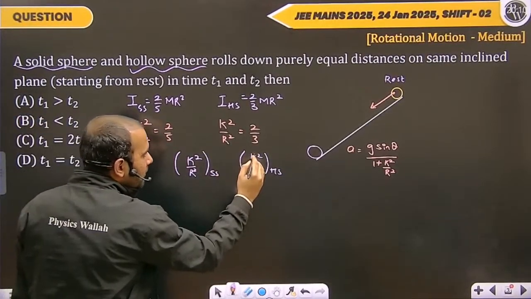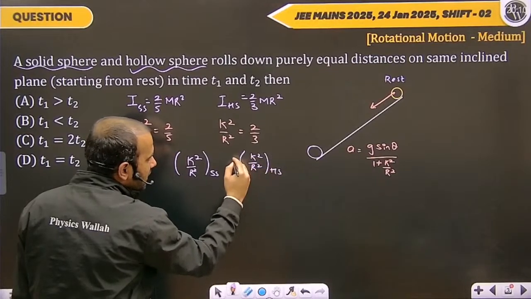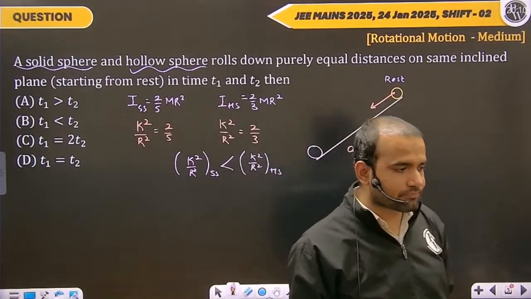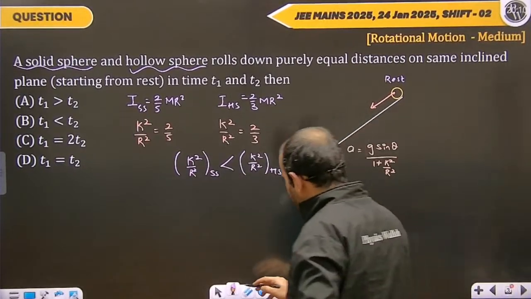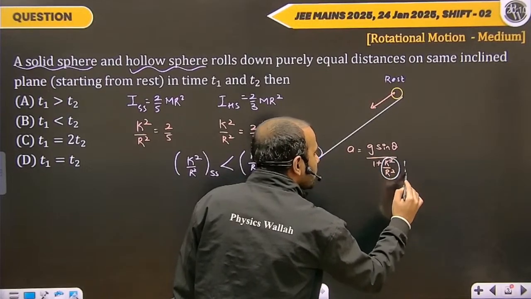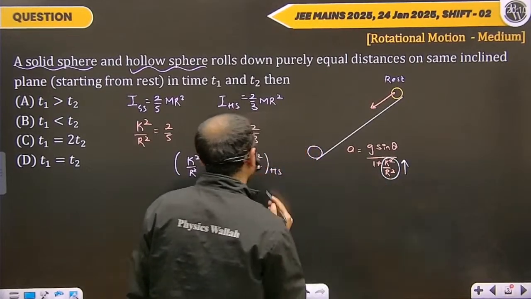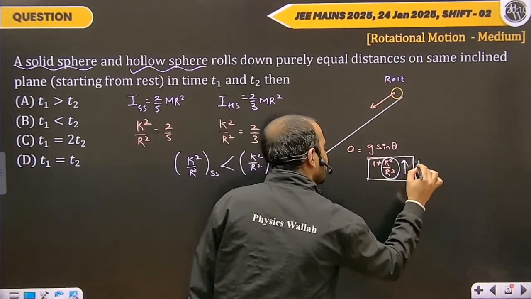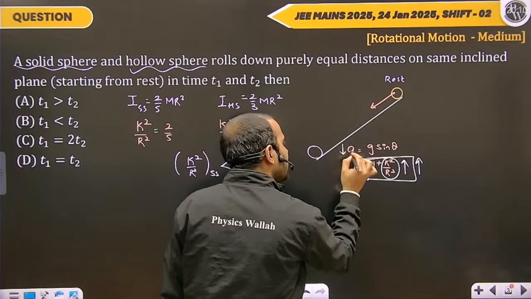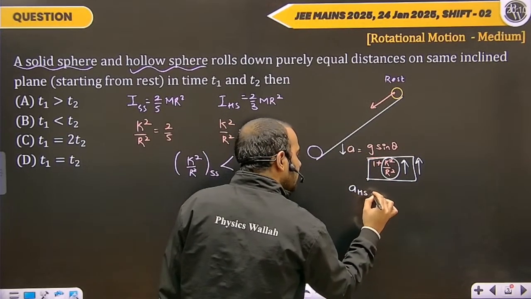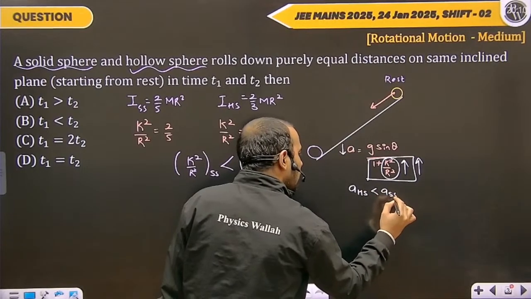So k square by r square of the hollow sphere will be more than k square by r square of the solid sphere. Now try to understand one more point: this value is more for the hollow sphere, so it will have less acceleration. So obviously the acceleration of the hollow sphere will be less than the acceleration of the solid sphere.